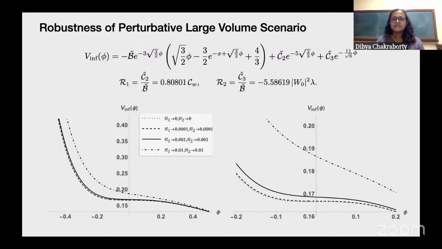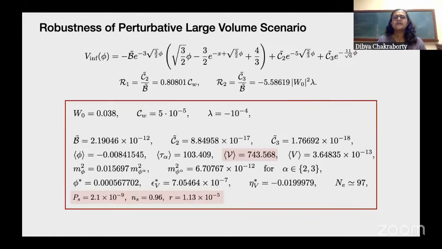If we plug in some numbers, then we can see we have these nice plots where we have a de Sitter shallow potential with minima, maxima, and inflection points. You can change this R1 and R2 and play around. For the inflationary side, if we check their inflationary predictions, then we can see that they are well under control.